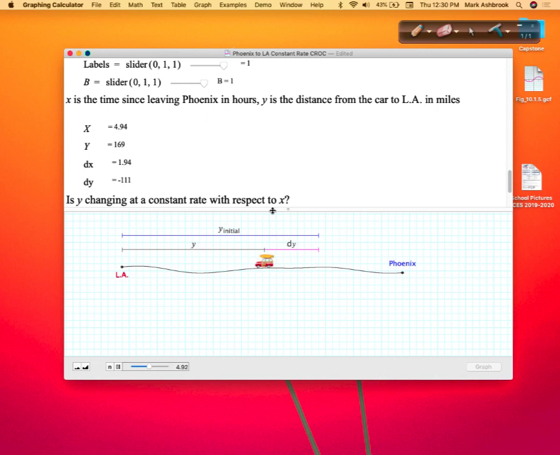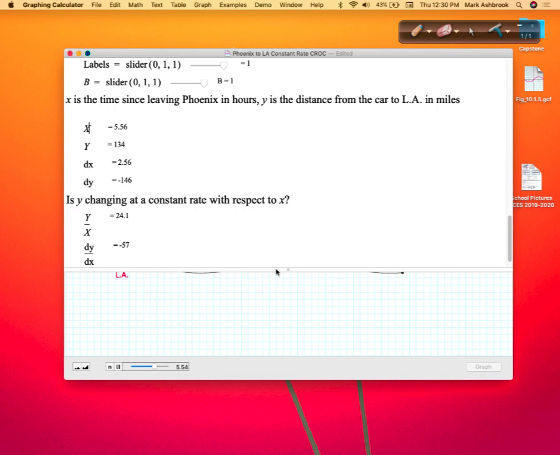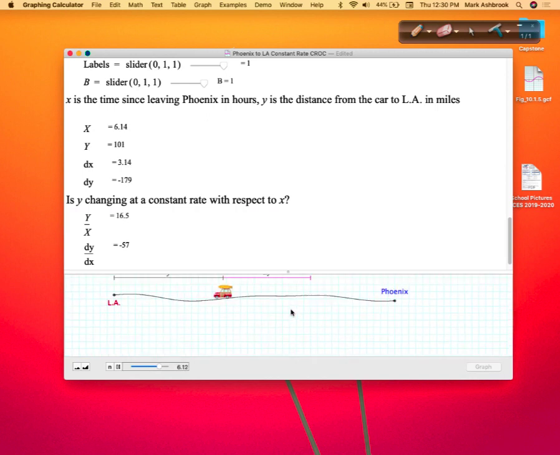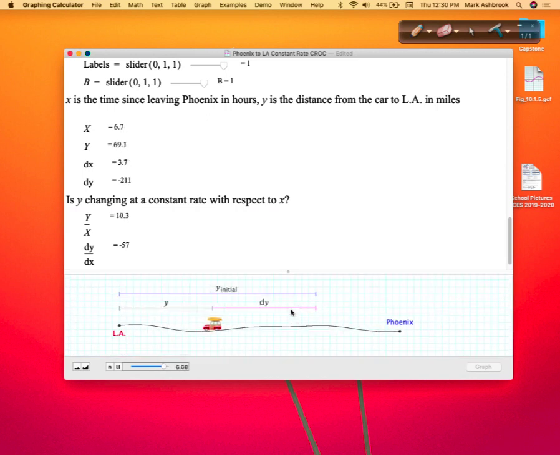Let's just skip to the next part. I'm going to show you the ratio of y to x. This is calculating, at any moment, based on the values of x and y, the ratio of y to x. This is not like a derivative, it's truly calculating this divided by this at every moment.